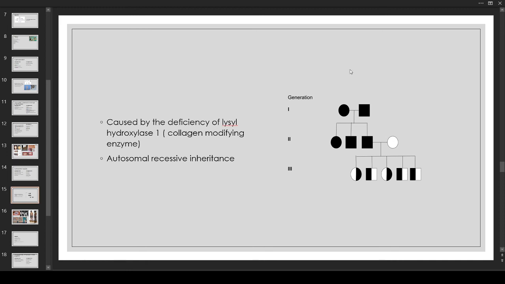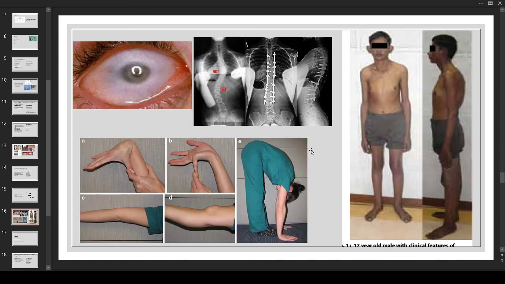And this is a pedigree of an autosomal recessive family. Now, we can see here exhibits of the abnormalities that we just spoke about. The hypermobility, and the marfanoid habitus, which is basically marfanoid characteristics that may be accompanied by a flat face or intellectual deficits.